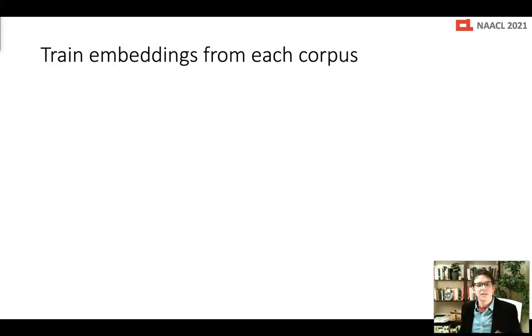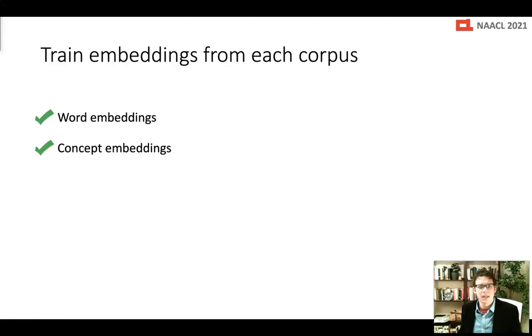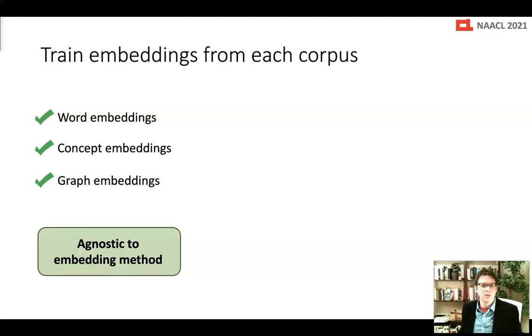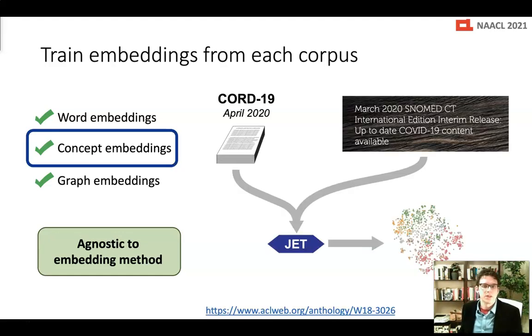So TextEssence can work with any kind of embedding, with word embeddings, with concept embeddings, actually even with graph embeddings. And beyond the type, TextEssence is also agnostic to the embedding method that's used. So for our case study, we used concept embeddings derived from the SNOMED-CT clinical vocabulary.